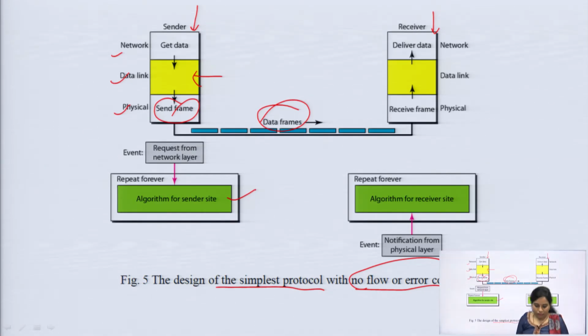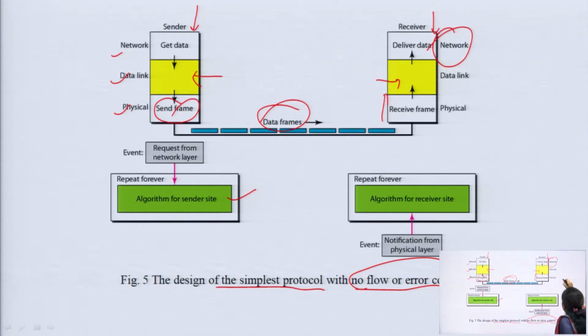So, a different algorithm is set up at the sender side to decide whether to request a particular packet or not. Then at the receiver side, there is a notification from the physical layer, and the algorithm for the receiver side. You can see how the data will flow: it is received, given to the data link layer and then delivered to the network layer.